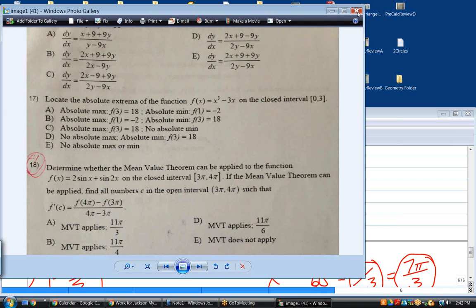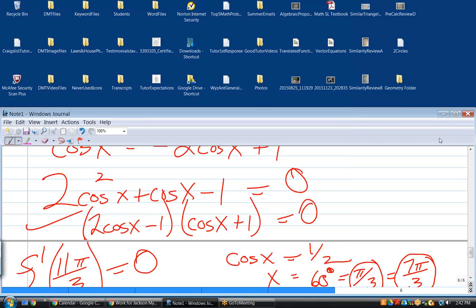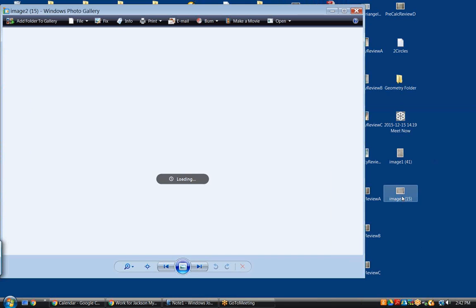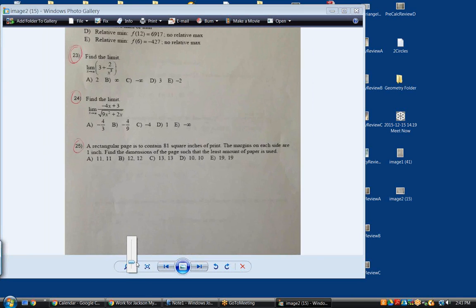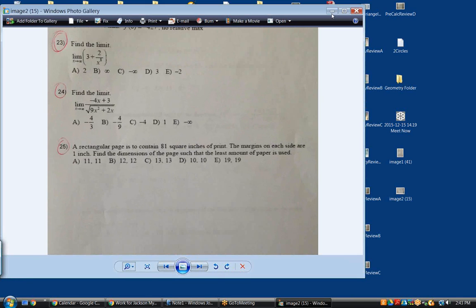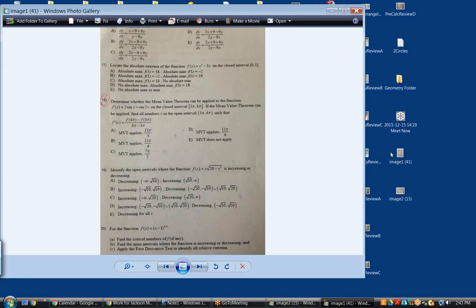Second page. So just finding the average rate of change, and then plugging those values into the derivative. No, you got it. There's 2 steps here.